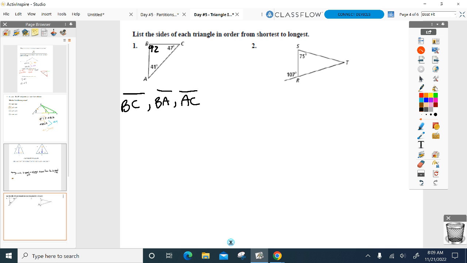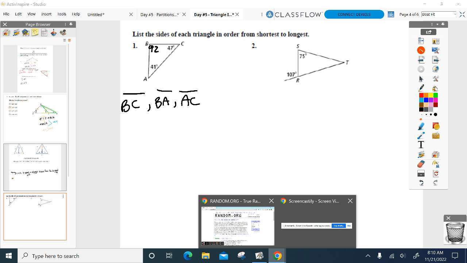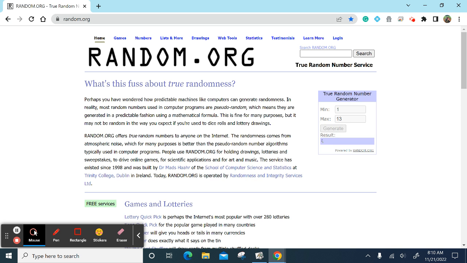All right, go ahead. Number 2, find the 2 missing angles there for number 2 before we say what the shortest to longest is. Can I get the missing angles when you're ready?